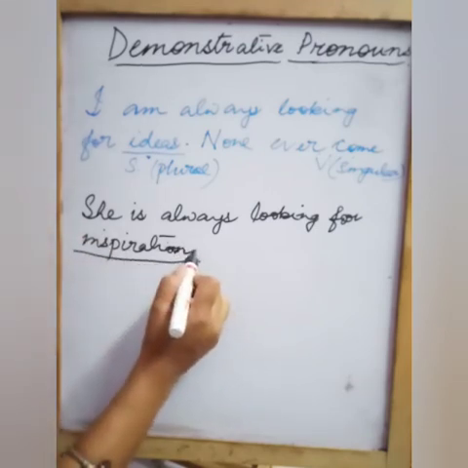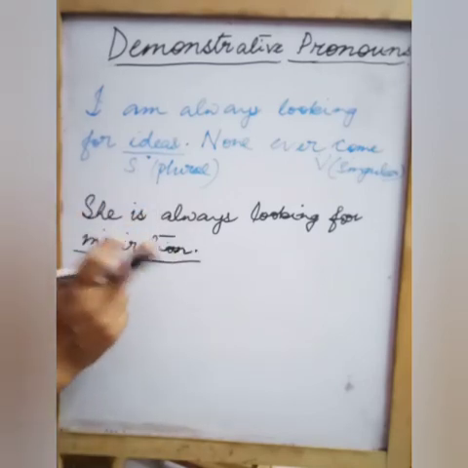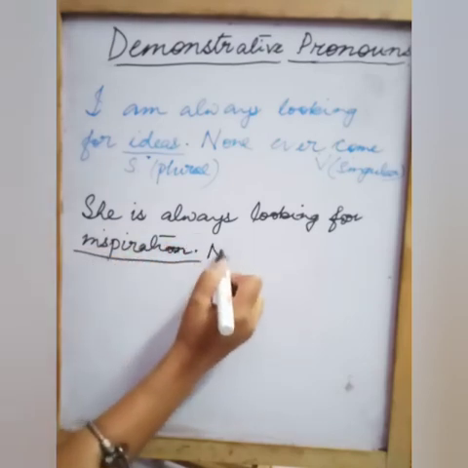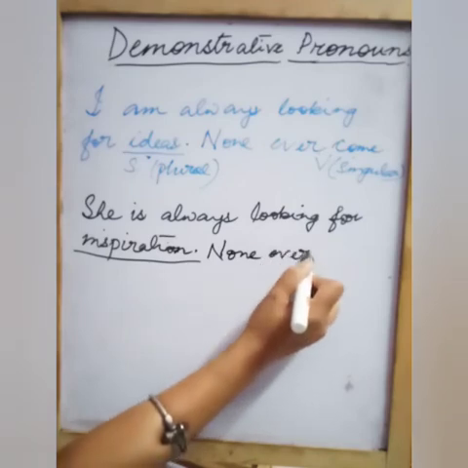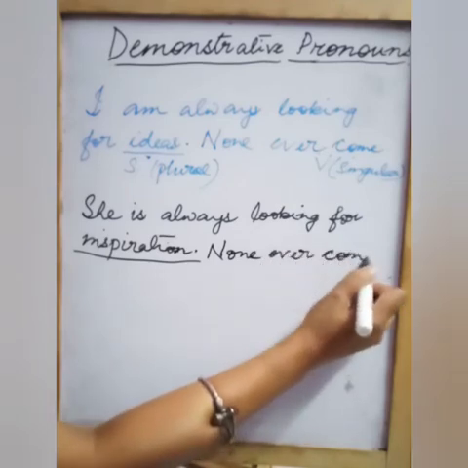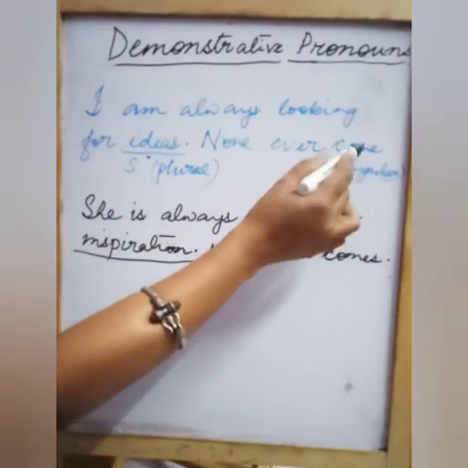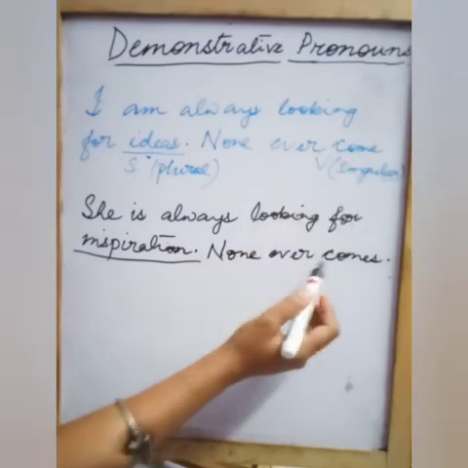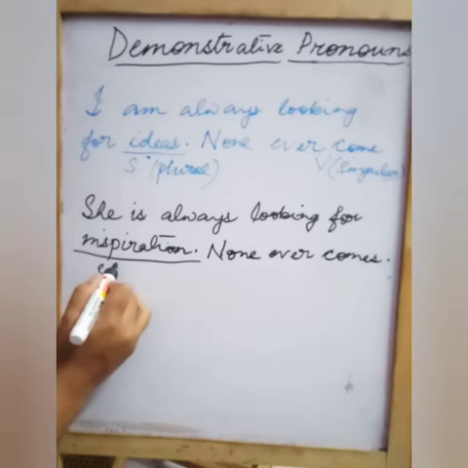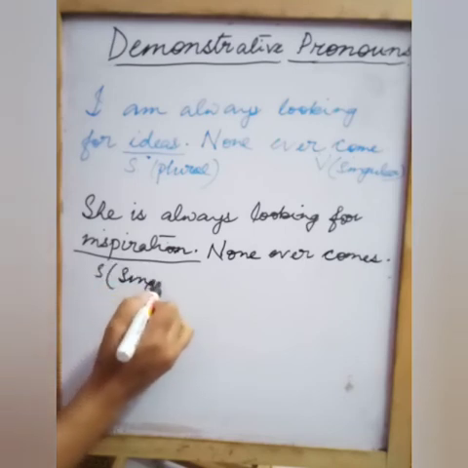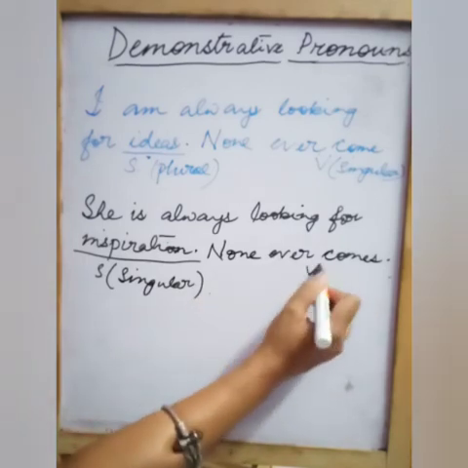So when I replace this in the sentence with the demonstrative pronoun none, I will write: none ever comes. Why have I written comes here? I have written come there, isn't it? C-O-M-E, singular verb. But here I have written C-O-M-E-S. Why? Because this subject is singular, isn't it?